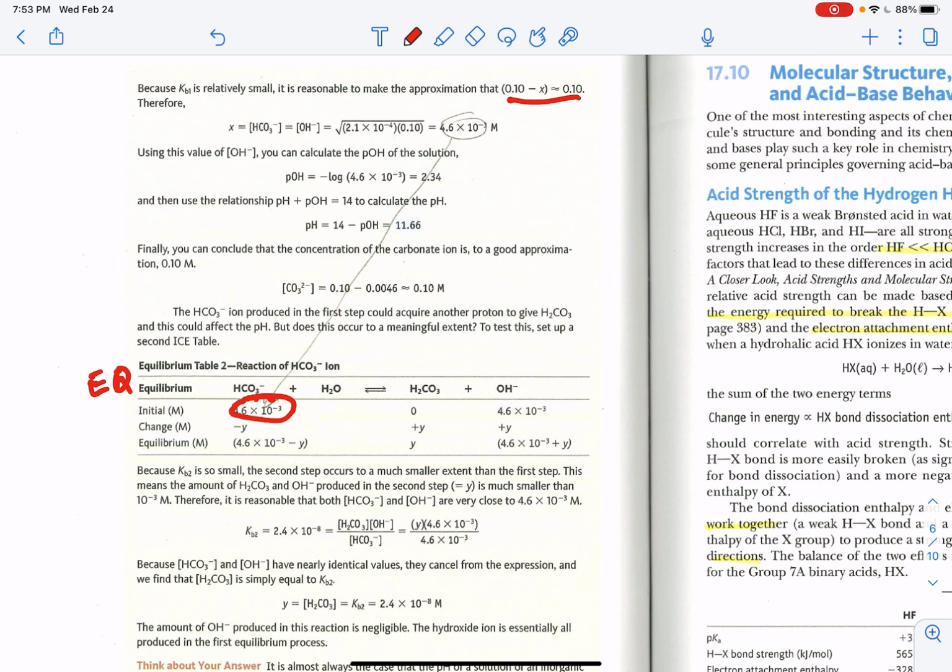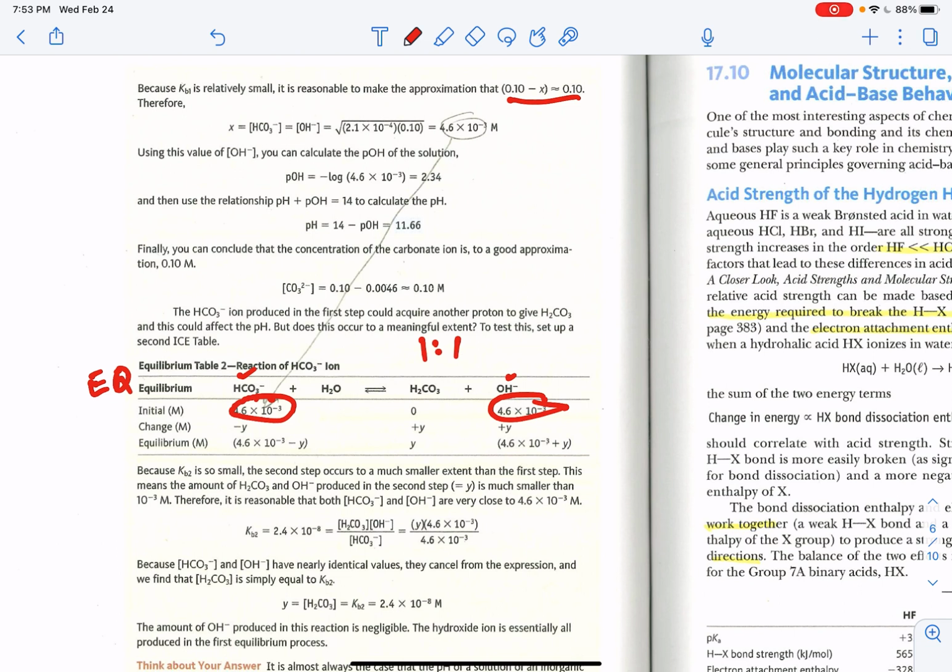Okay? And notice now my ICE chart looks a little bit different. I have this left over from losing the first proton as well, because remember, in the first equation, higher up, they are in a 1-to-1 ratio. For every one of these, I had one of these. So the second ICE chart takes the information from the first ICE chart.